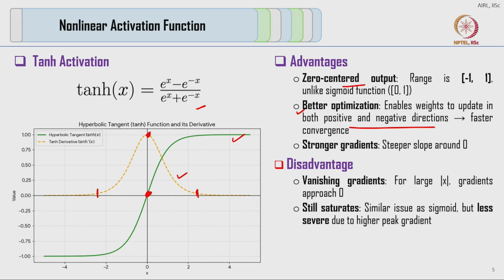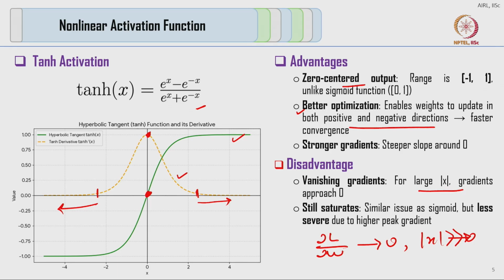However, in this particular graph also we observe that once mod x is very large, which is essentially these parts of the curve, in these particular parts the gradient value is very small. Since the gradient value is very small, this value would again be very small for mod x greater than 0, right.